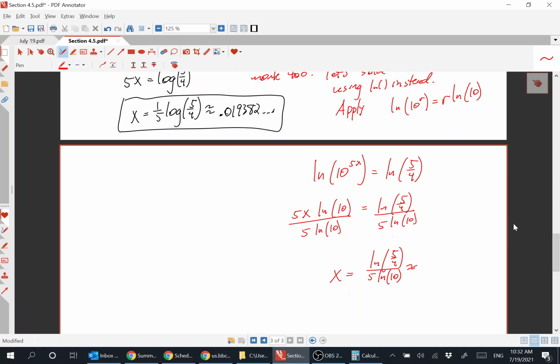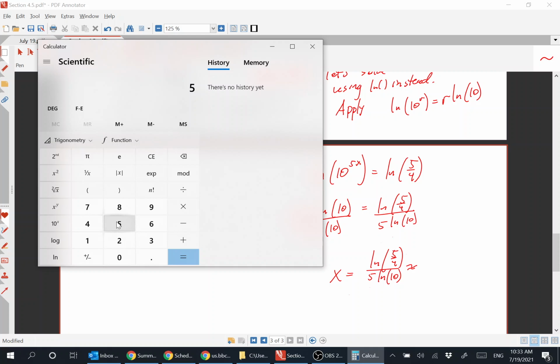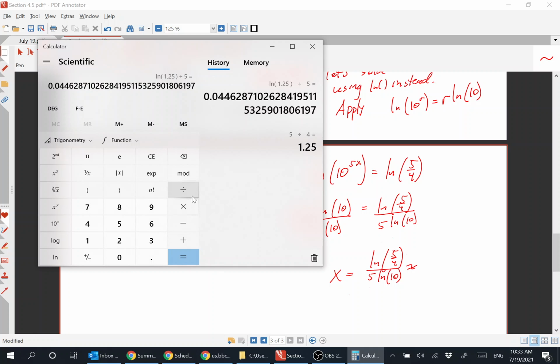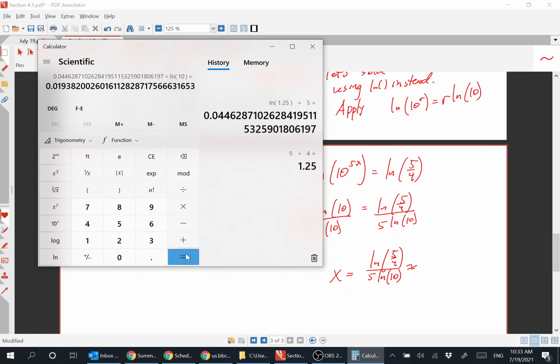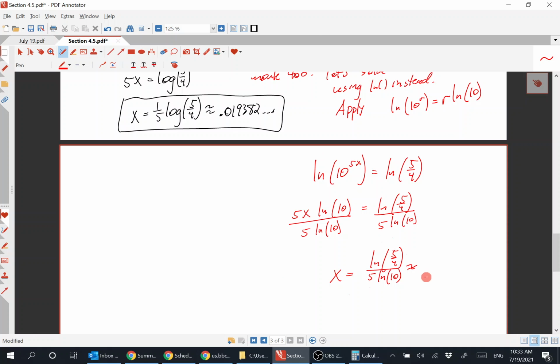What are we looking for? 0.01. Yeah. So 5 divided by 4 is this. Natural log divided by 5 is that, divided by 10 natural log equals 0.019382. Right, same answer as before.